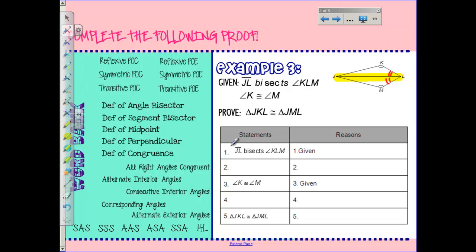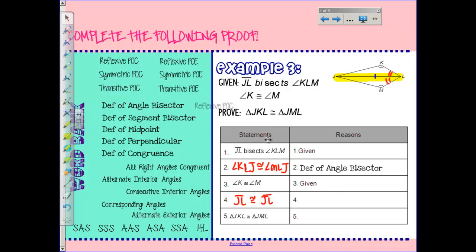So I can say that angle KLJ is congruent to angle MLJ. And that property would be the angle bisector property, followed by a given that you saw in your picture, leaving the most beautiful thing, that JL, because of that reflexive property, is congruent to itself.